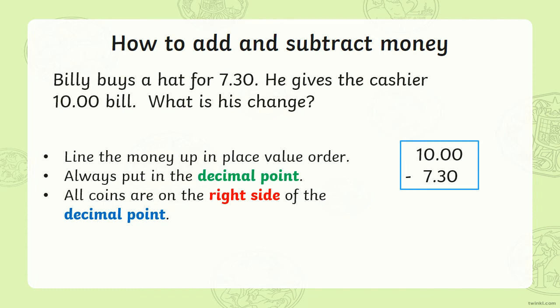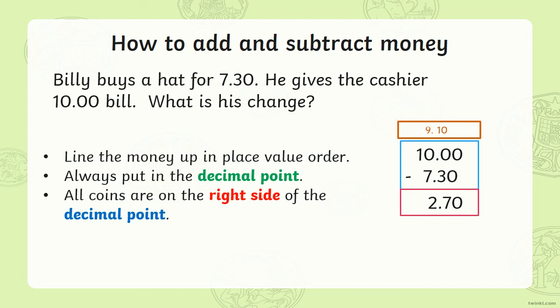Now be careful here. We are subtracting across 0 because we cannot take 3 from 0. So we have to go straight to our tens place and take away 1. Okay? So here, notice that when we take away 1 from the 10, it leaves us with 9.